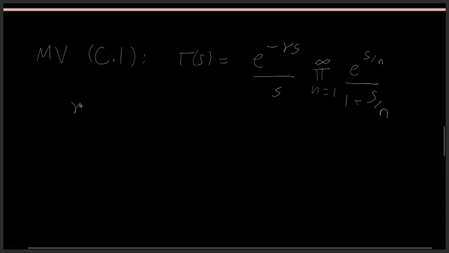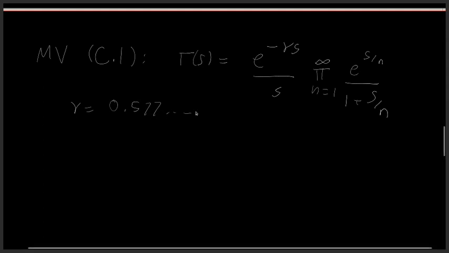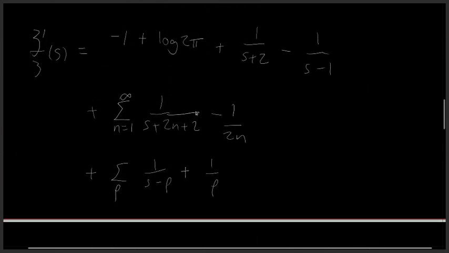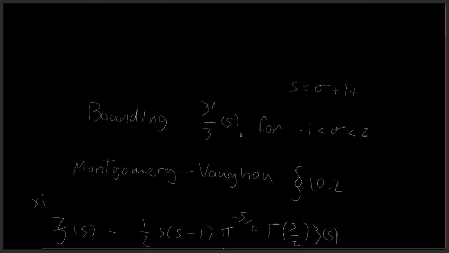So here again, gamma is the Euler-Mascheroni constant, 0.577... So using this fact plus the definition of xi plus the Hadamard product, you recover this expression for the logarithmic derivative of zeta. And this is what we're going to use to bound zeta in the critical strip, right? Because this was the objective that we had for this lecture.